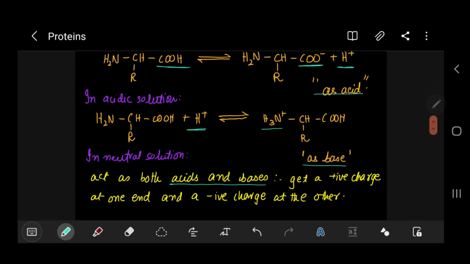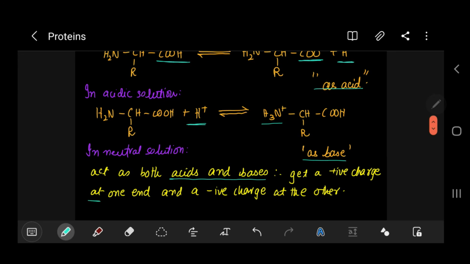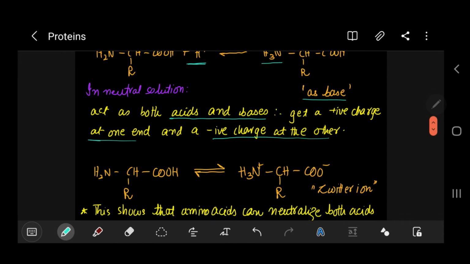It gets a positive charge at one end and a negative charge at the other, like this. If we add this into water, this will happen.